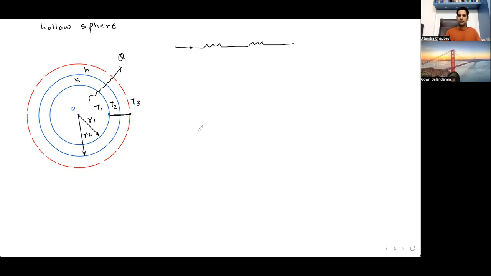This is T1, this is T2, and this is T3. It will have resistance R1, it will have resistance R2. The formula is almost the same. Heat entering would be equal to heat leaving. Q is equal to delta T upon summation R, equal to T1 minus T3 upon R1 plus R2.